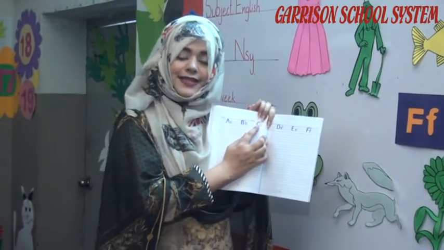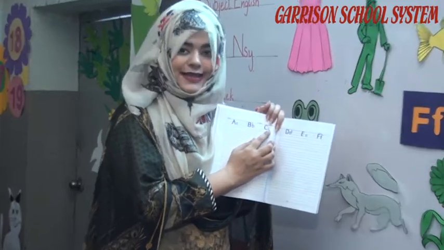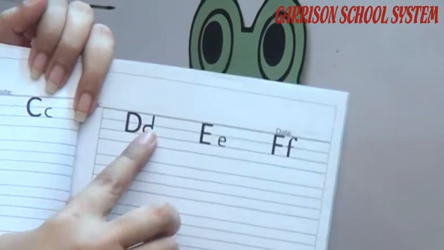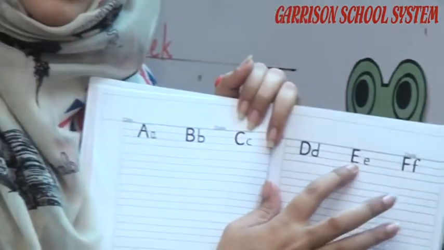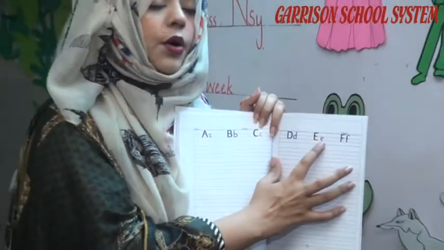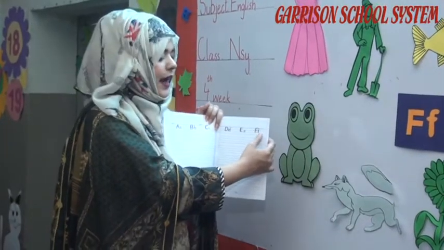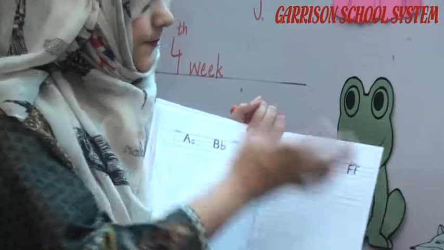C, uppercase letter C, lowercase letter c. D, uppercase letter D, lowercase letter d. E, uppercase letter E, lowercase letter e. F, uppercase letter F and lowercase letter f.